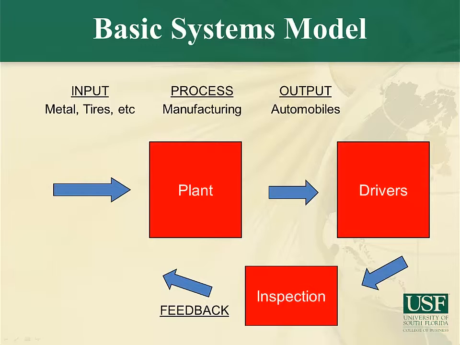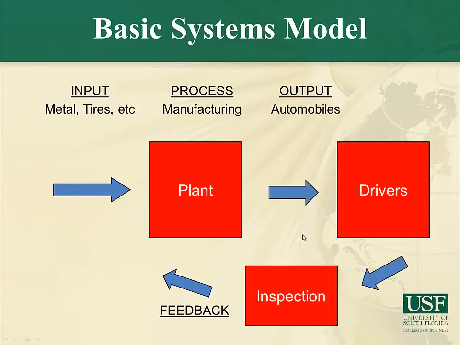Once the output has taken place, once the cars are manufactured, they're used in various ways by drivers, companies. They're going to go through inspections and tests. And if the result of these inspections and tests is that the output is a good automobile, then feedback will occur back into the system, back into our process, that no changes need to be made.